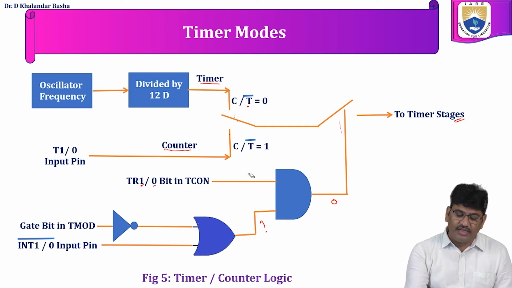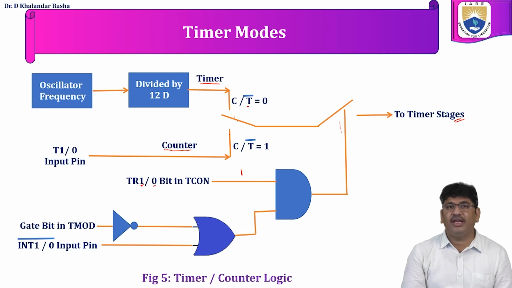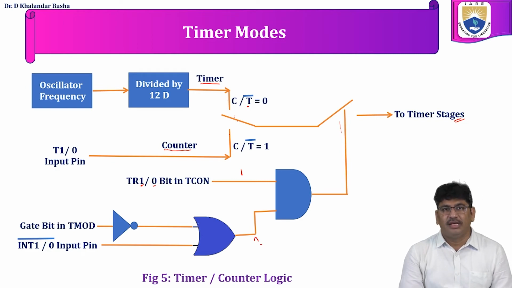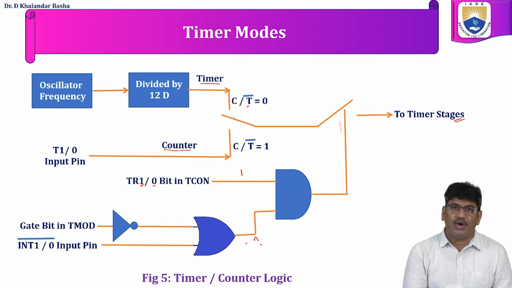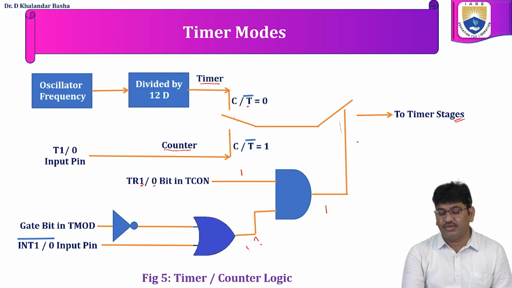So for activating the timers, we have to configure the TR bit as 1. When we configure the TR bit as 1, the output of the AND gate depends upon the output of this OR gate. If this OR gate provides 1, then 1 AND 1 is 1, so this closes the switch.